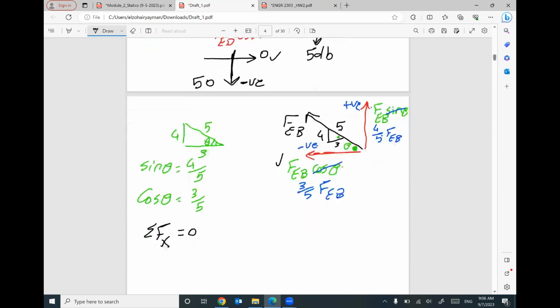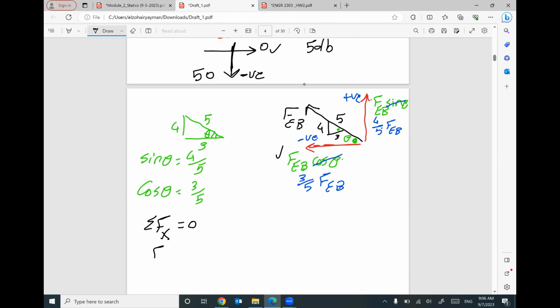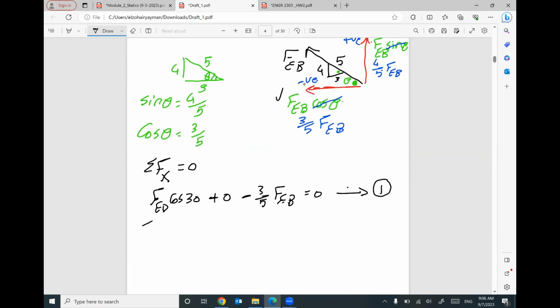So it will be FED cosine plus 0 minus 3/5 FEB equal 0. This is equation number 1. Equation number 2, summation of all y components equals 0.